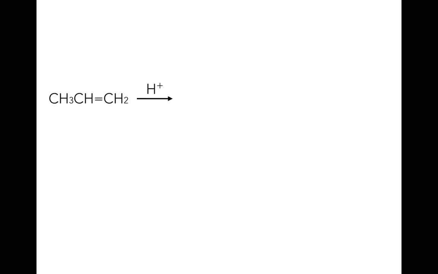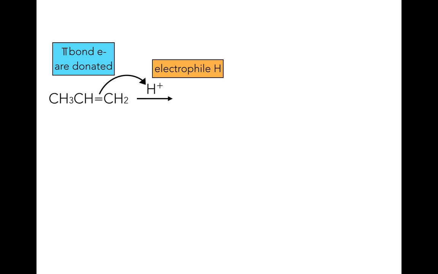That is where the electrophile hydrogen is going to get its electrons from. So you have a sigma and a pi bond in a double bond, and that pi bond will break and those electrons will then be used to form a bond with hydrogen, my electrophile. So hydrogen has an option of combining with my first carbon or my second carbon.